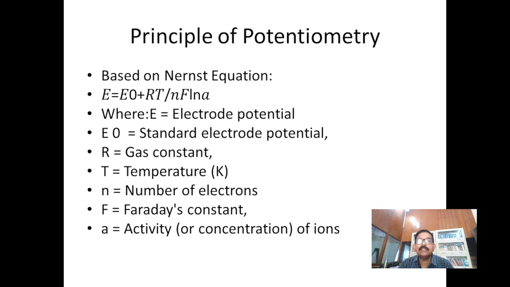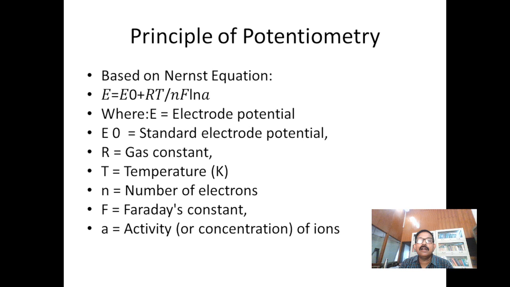That's why this equation is very popular and very important. Nernst was the first scientist who gave a relationship between the quantity of the substance used and the quantity of electricity generated, and for that he was awarded a Nobel Prize.